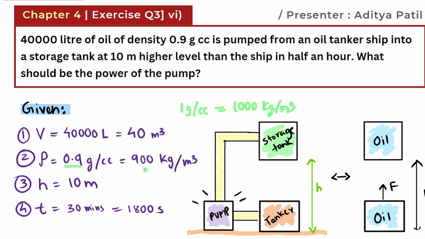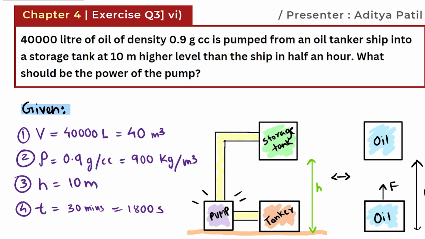So 0.9 becomes 900 kilograms per meter cube. We know the distance traveled by the oil in the vertical direction, that is height h, which is 10 meters, and we know the time it took for the transfer of the oil, that is 30 minutes or half an hour, and in seconds it becomes 1800 seconds. So this was it for the given data.